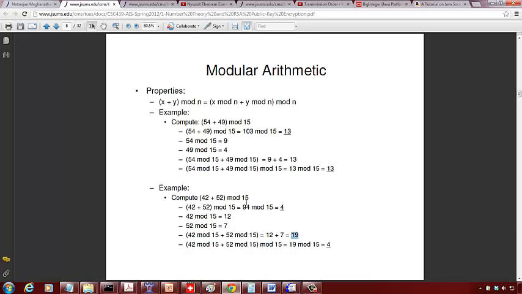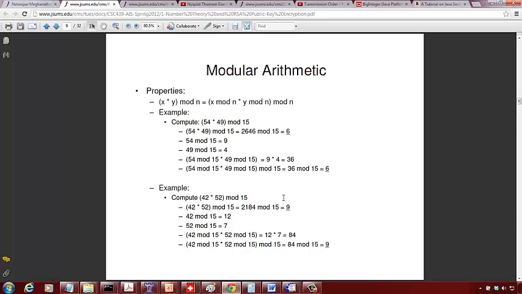We want everything to be less than or equal to 14 when you work with class modulo 15. So what you do is you again repeatedly apply this mod operator. When you work with class modulo 15, the result of your operation should be less than 15. So 19 mod 15, you get it to be 4.